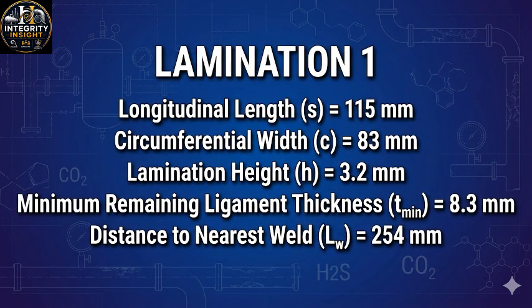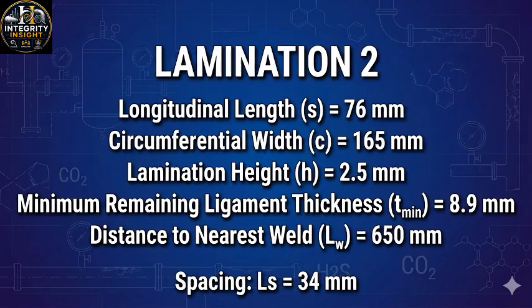Lamination 1. Longitudinal length, 115 millimeters. Circumferential width, 83 millimeters. Lamination height, 3.2 millimeters. Minimum remaining ligament thickness, 8.3 millimeters. Distance to nearest weld, 254 millimeters. Lamination 2.